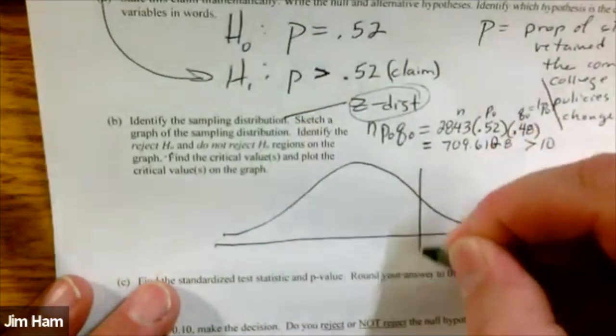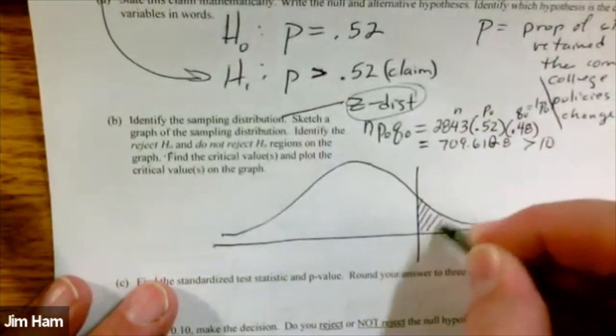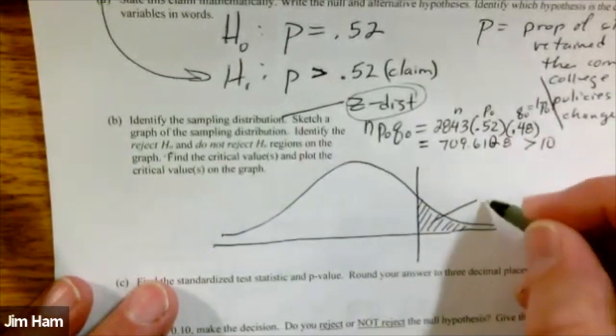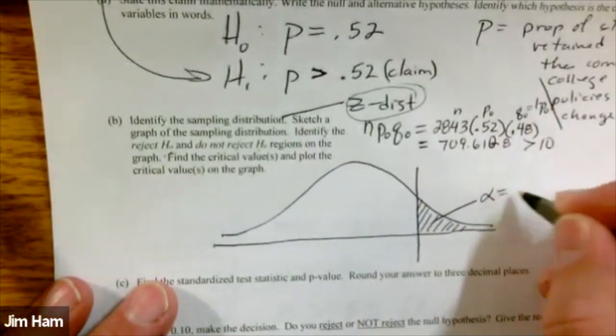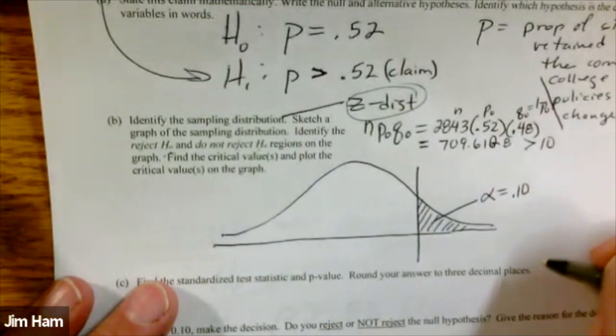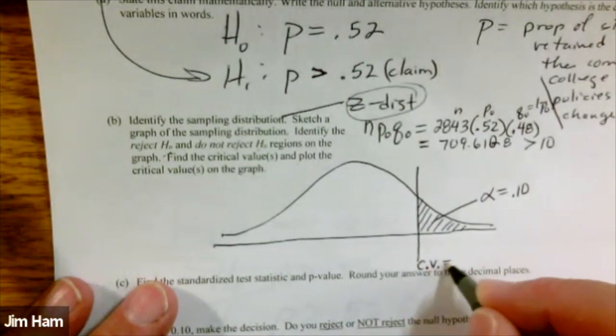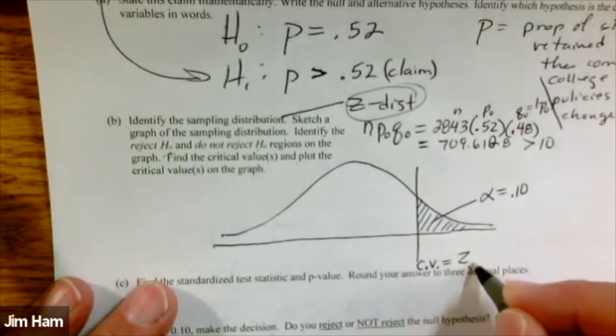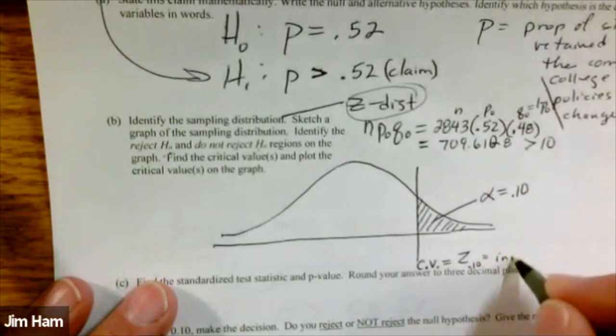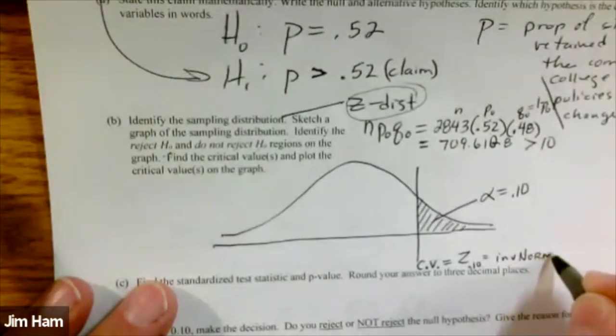So we're going to have the whole area over here. And this area is alpha, and it's 0.10. So this critical value right here that we would call Z of 0.10, we would get by using the inverse norm function.